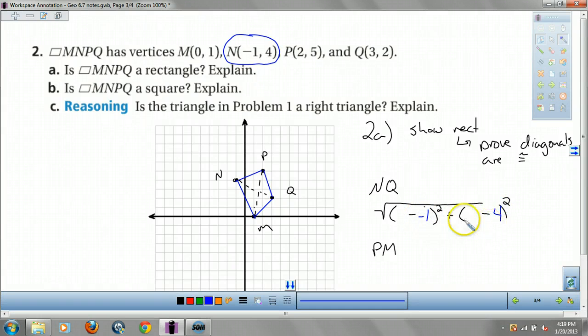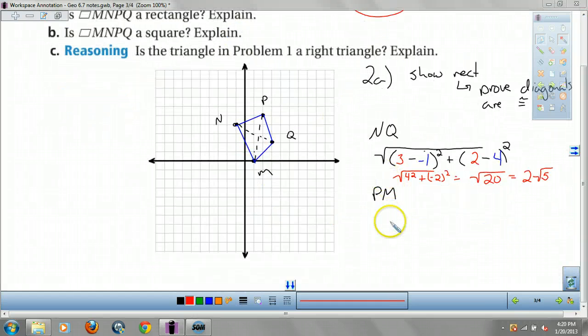I always find that easier. That's just me. Q is right here, so we put in 3, 2. So we get the square root of 4 squared plus negative 2 squared. Hey, we've seen this one before. Square root of 16 plus 4, square root of 20, which is 2 square root of 5. We're going to talk about that again, guys, because it's very important.